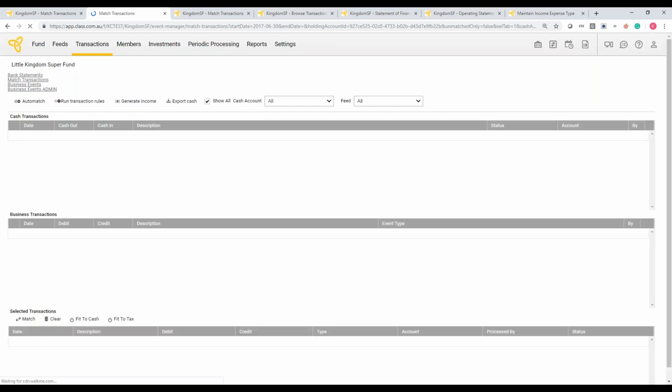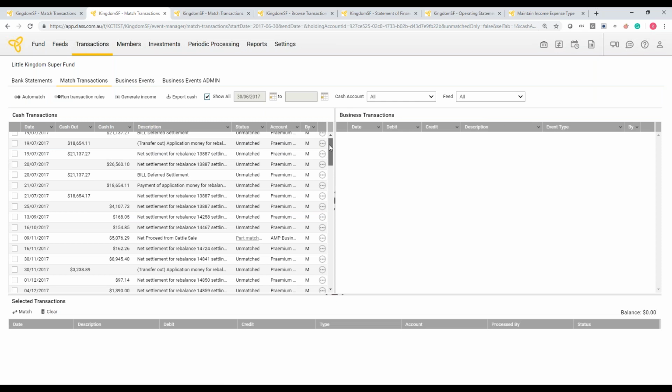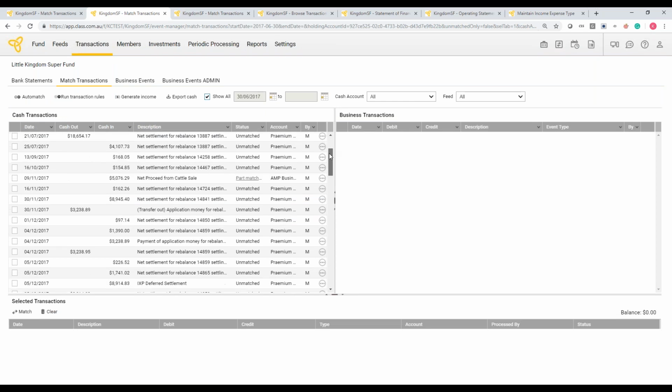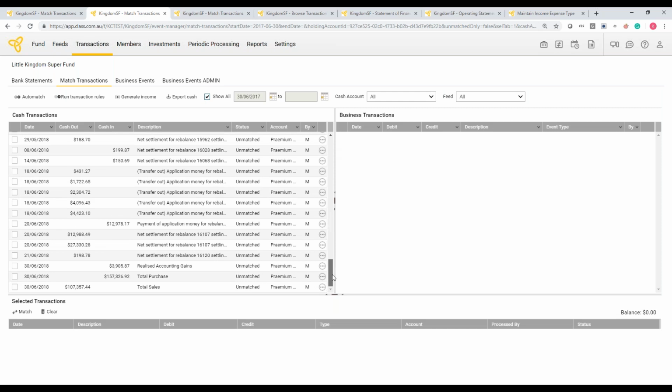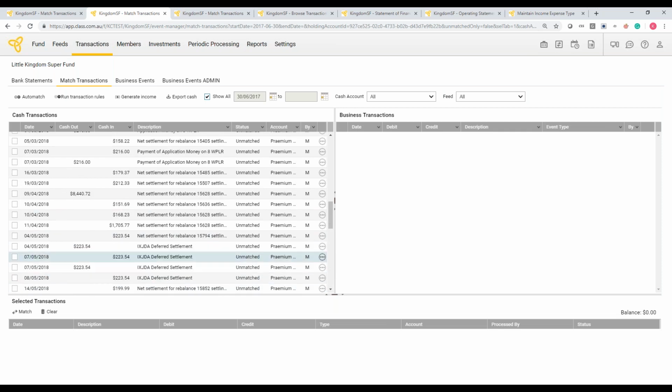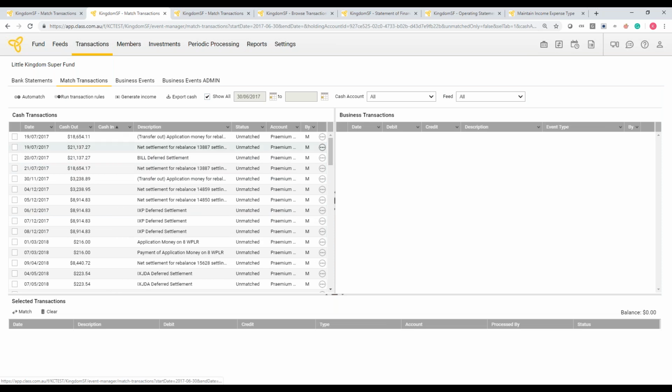Okay, there are a lot. Now, the first thing to avoid, so obviously those transactions, let me just see if I can make it easier to match them off. Let's start with the big one.